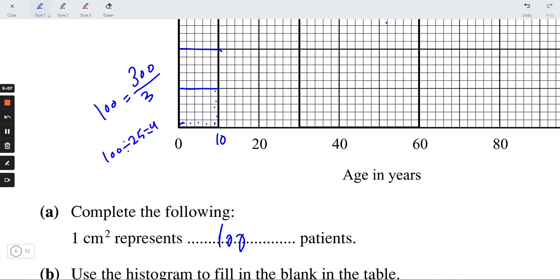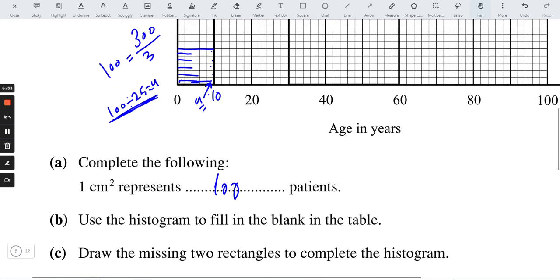So each row is 4 times 5 is 20, plus 20 is 40, plus 20 is 60, plus 20 is 80, plus 20 is 100. So this represents 100 patients. So 100 divided by 25 equals 4. So each small square represents 4. Don't forget this information.